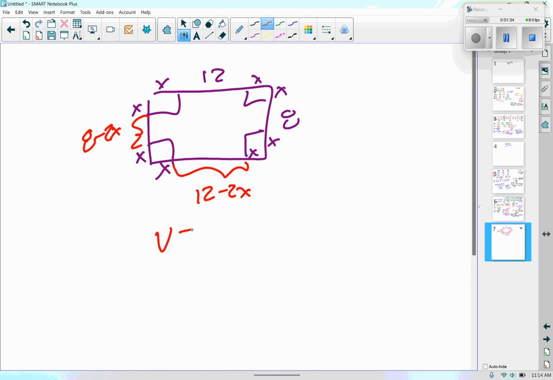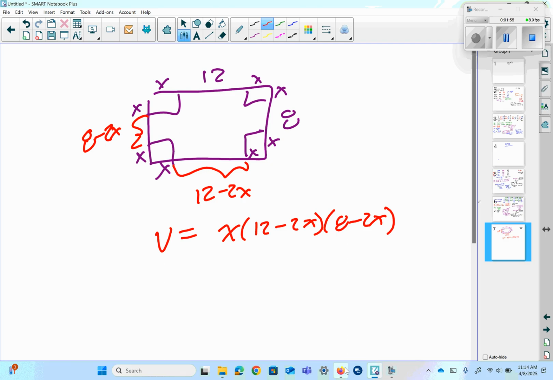In order to find the volume of it, you're just going to go x times 12 minus 2x and 8 minus 2x. And then what you should do is you're going to graph it on Desmos or whatever graphing calculator you would choose to use. All right, so pretty simple.